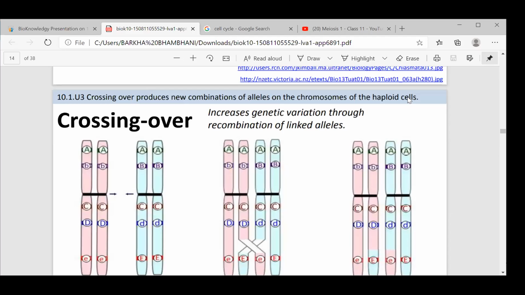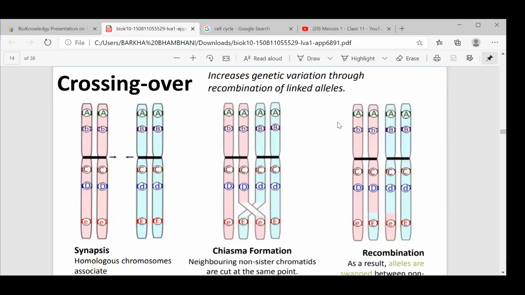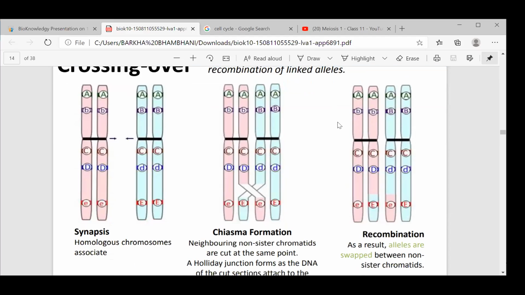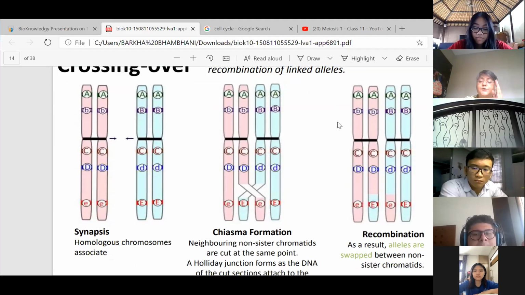Now, it increases the genetic variation through combination of linked alleles. Remember, some traits have many alleles responsible for one single trait. Suppose you are talking about the color of hair.